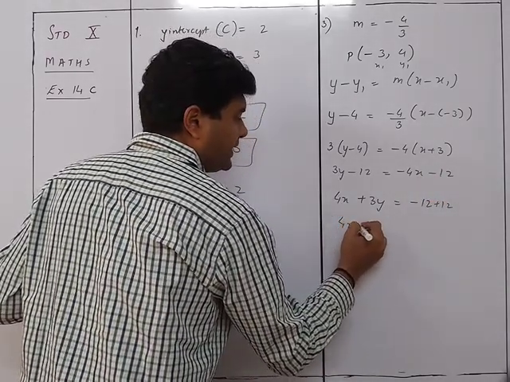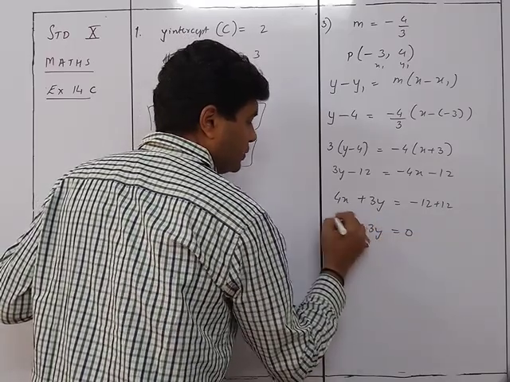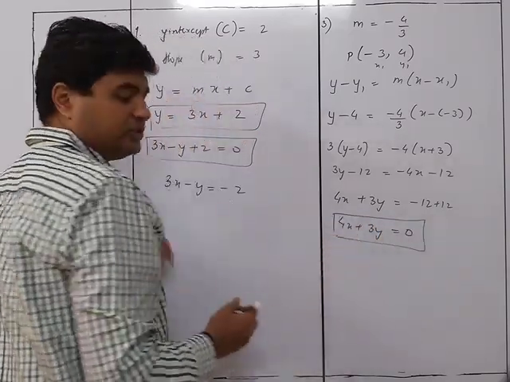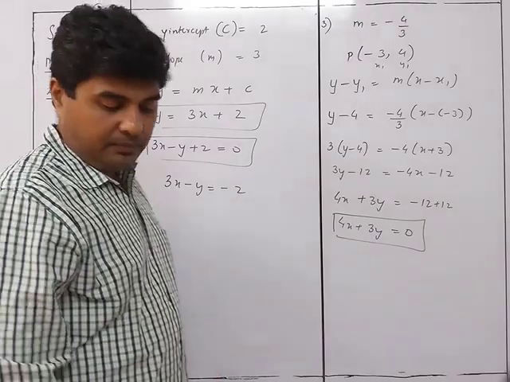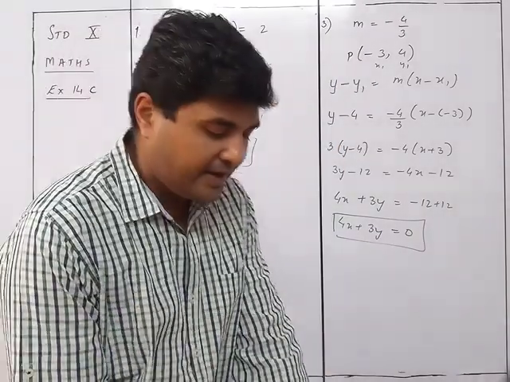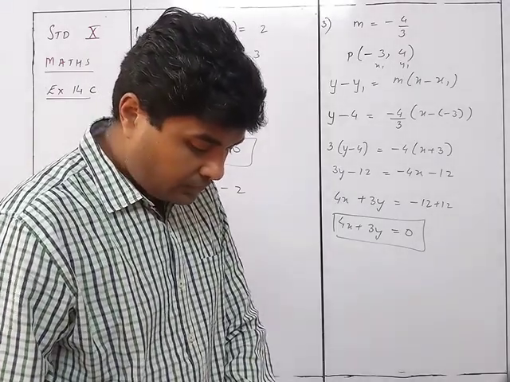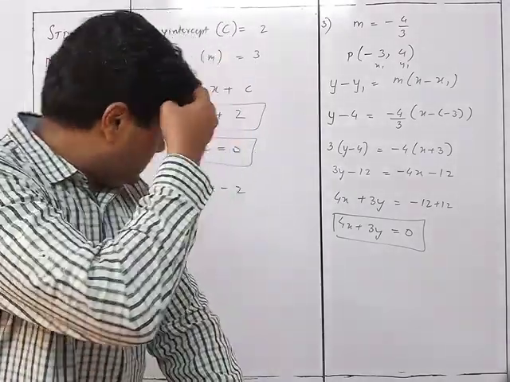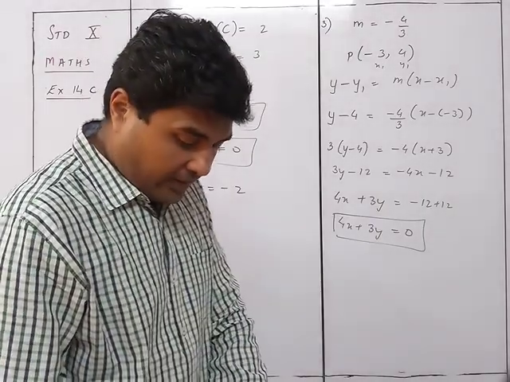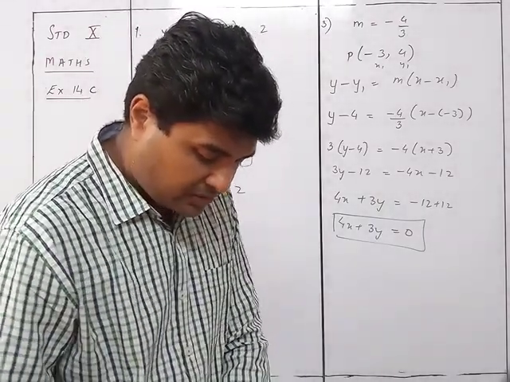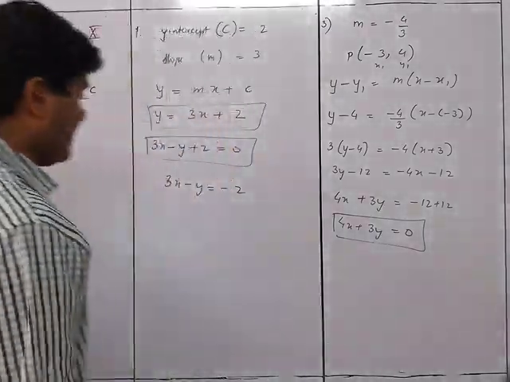So 4x + 3y = 0 will be the required equation of the line which is passing through this point and has the slope -4/3. So this was sum number 3. Now we move on to sum number 5.